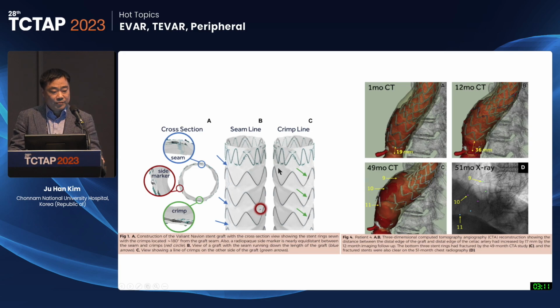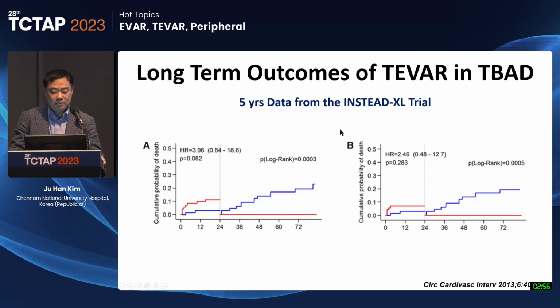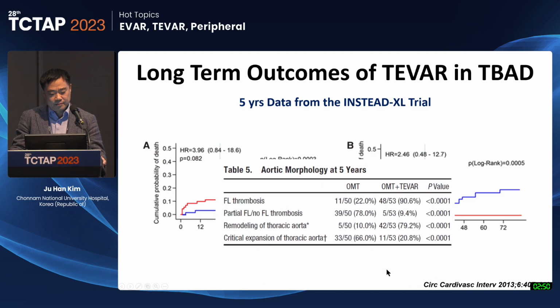Sometimes the stent graft has a malformed design, or the material fails, so we withdraw the stent graft system. But usually the long-term outcome compared to medical therapy is a good result.